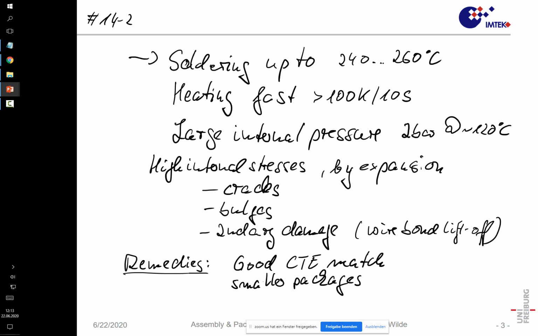Smaller packages, then you want to have a good adhesion of the molding compound against the silicon and lead frame. And the last thing is also avoid impurities.